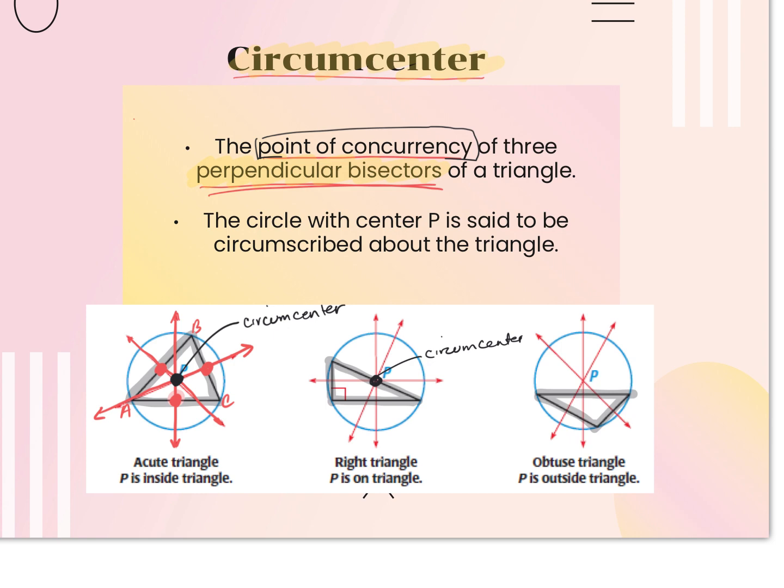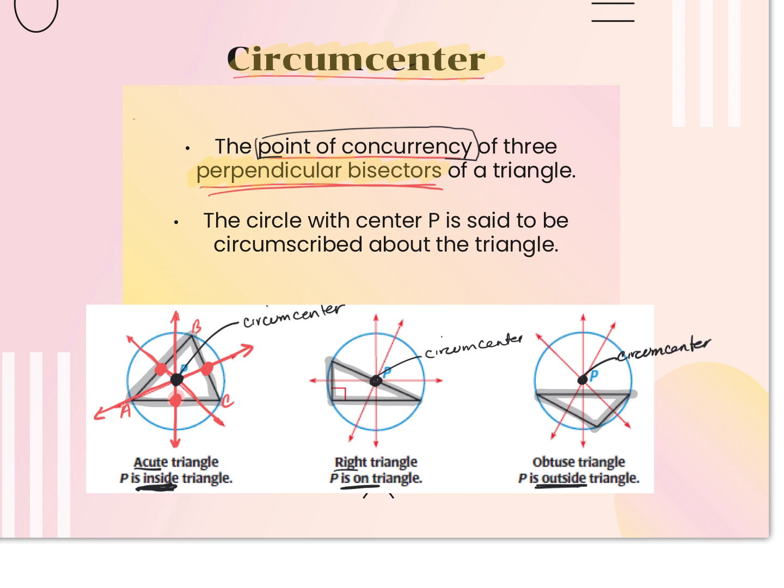When we draw all of our perpendicular bisectors, you're going to see that your circumcenter is outside the triangle. And that's true for all obtuse triangles. So again, for acute triangles, the circumcenter is inside. For the right triangle, it's on the triangle, and for the obtuse triangle, it is outside of the triangle.